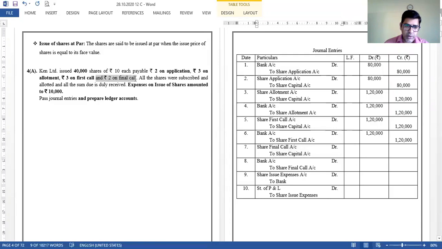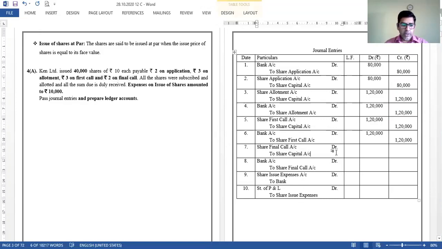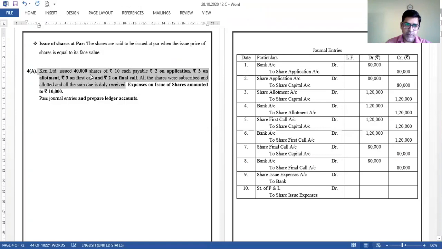It is rupees 80,000. 2 per share hai, to फिर 40,000 into 2, that will be 80,000, right? So let me write 80,000 over here. The amount has been received in full, so 80,000 over here. Correct. So whatever the paragraph I have read, I'm done with the basic entries till here.